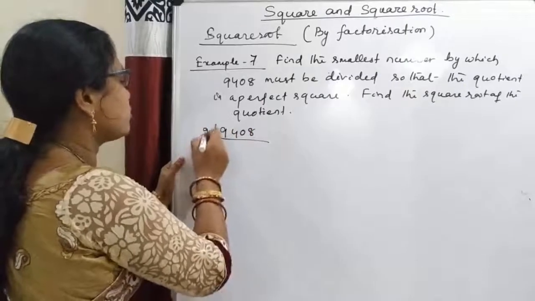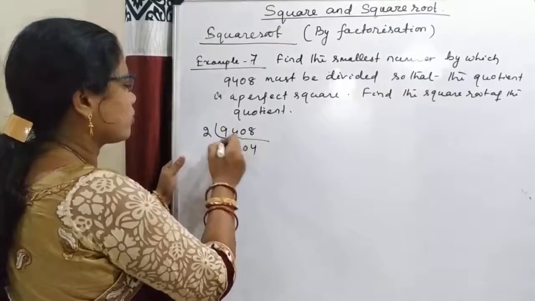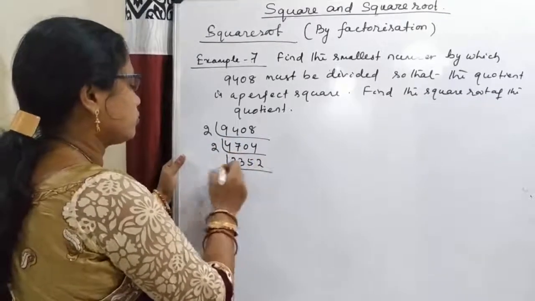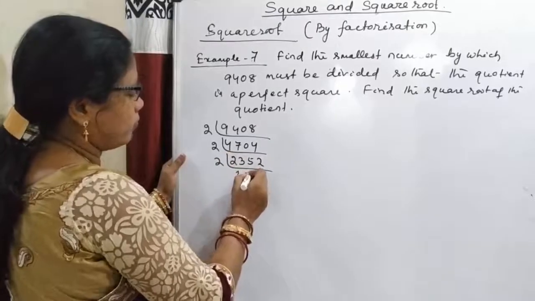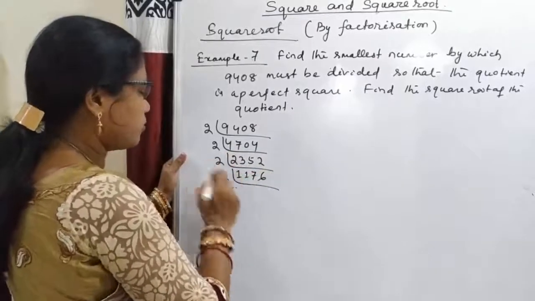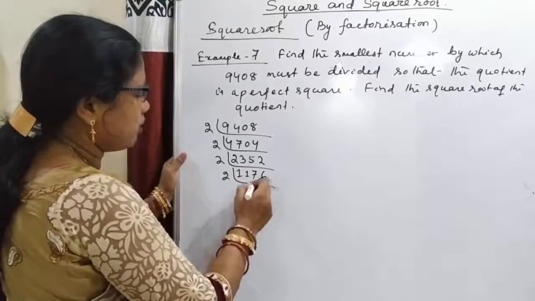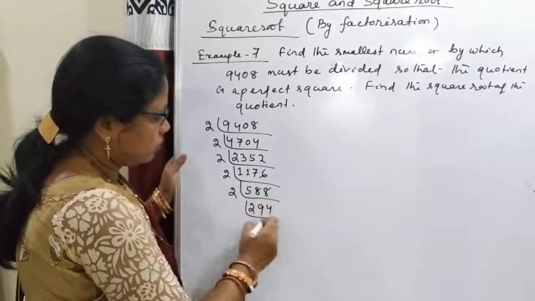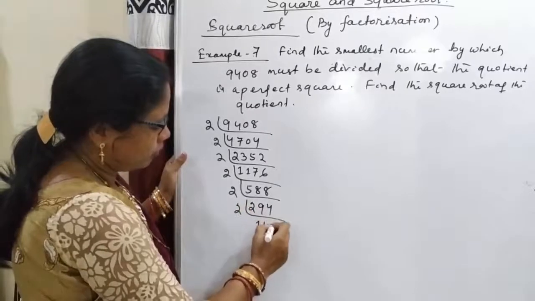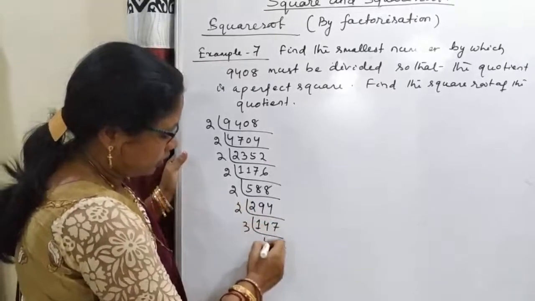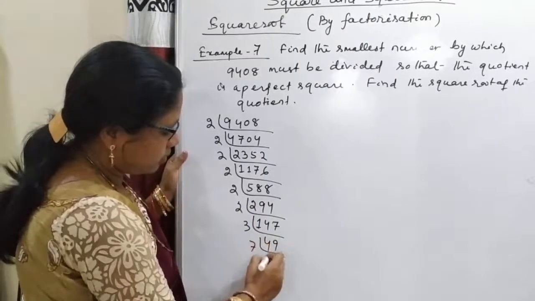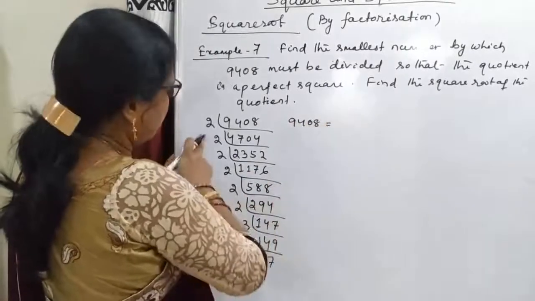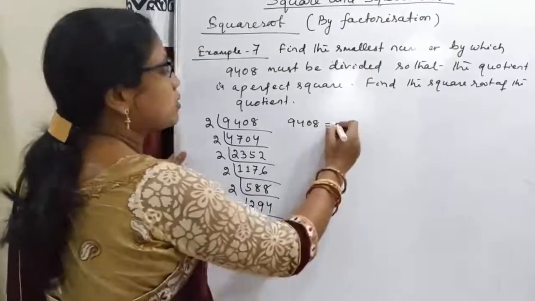So this is divisible by 2, again 2, then 2, then divisible by 2, then 2, 147, then 7, then 3, 7, 7. So 9408 can be written as, how many 2's are there? 1, 2, 3, 4, 5, 6.